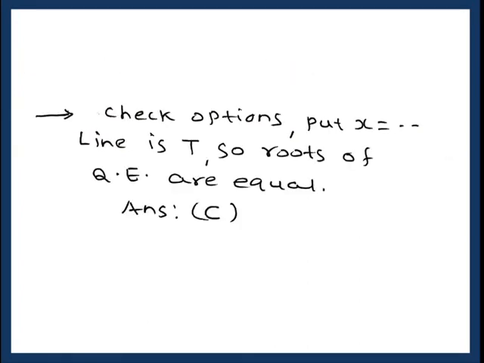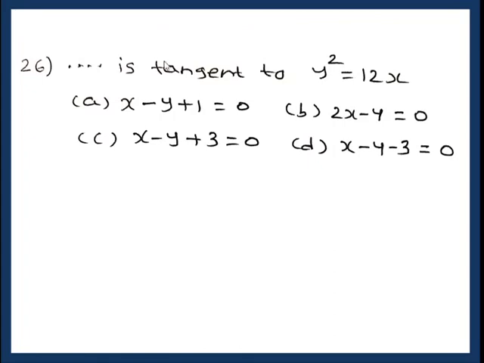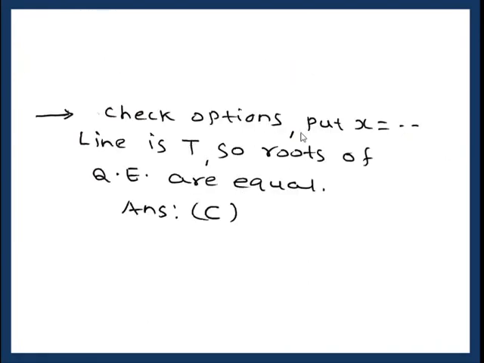So you have to check options from the equation of the line. Say in option A, what is y? In fact, I have decided to eliminate x because that is simple. What is x from this? It is y minus 1. Put this in the equation and so on. So check options by putting x equal to y minus 1. If the line is a tangent, the roots of the quadratic equation will be equal.